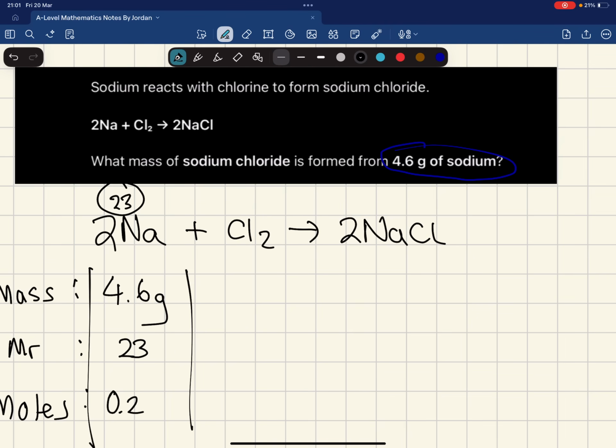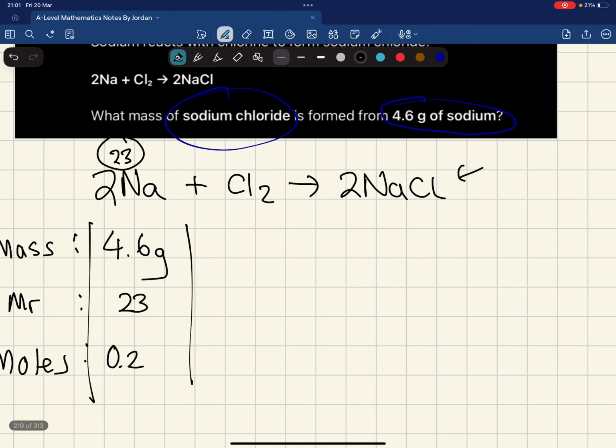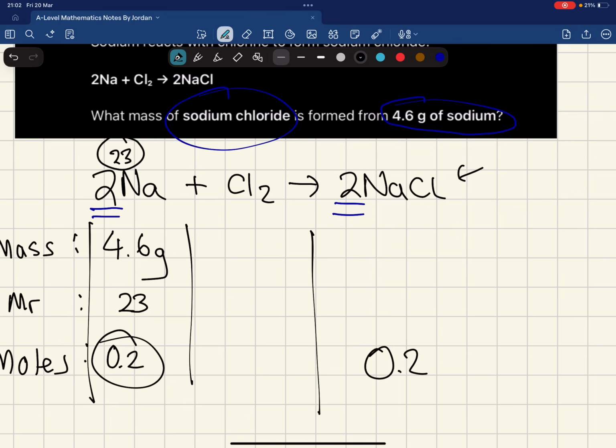Next one, well, I say next one, the only thing we've got to do is to get sodium chloride in this question. So that would be this one. So let's use the mole to mole ratio. We've got 2 here and we've got 2 there. So that means the moles will be exactly the same. Okay. Now we need the MR of sodium chloride.